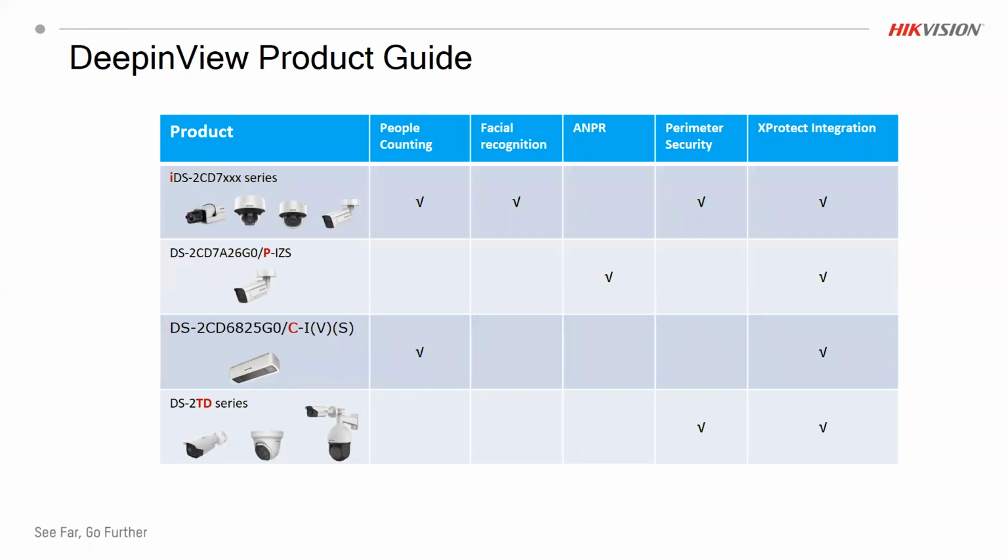That can also interface into an access control system and virtually become a virtual card reader in order to open and close boom gates and electric gates and so forth. As I mentioned earlier, we do have our 2CD 6825, which is our overhead or ceiling mount people counting camera. And to finish off, the thermal device series, which is the 2TD series.